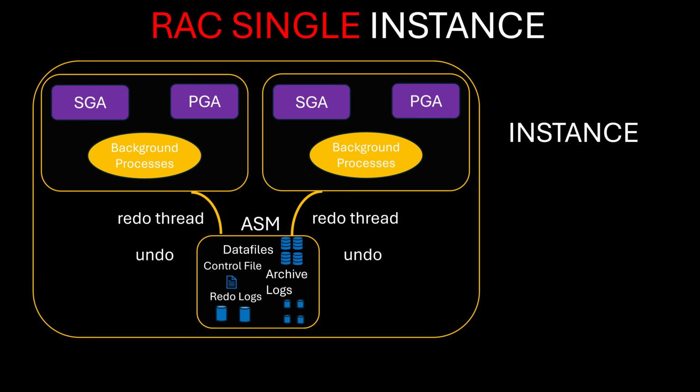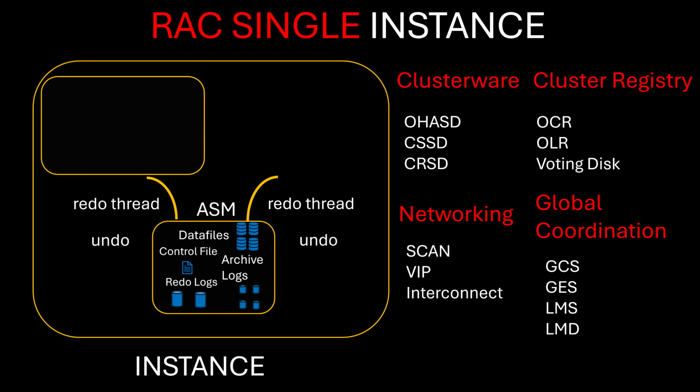Finally, remember this important point. ASM is not a giant hard disk. ASM is an intelligent shared storage architecture that allows multiple RAC instances to safely access the same database files while maintaining consistency and availability.